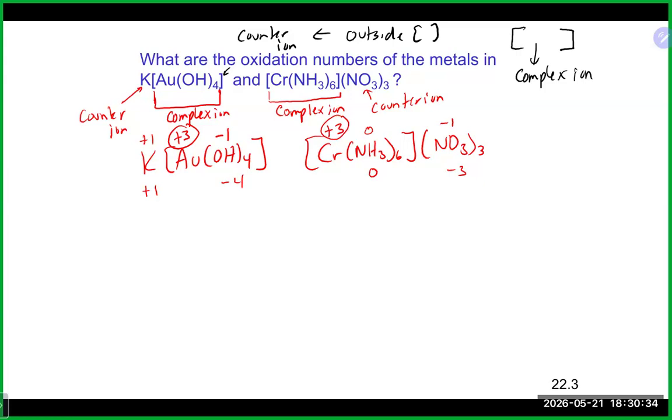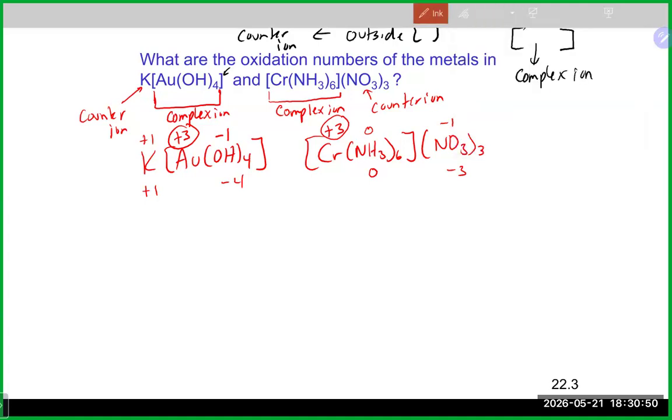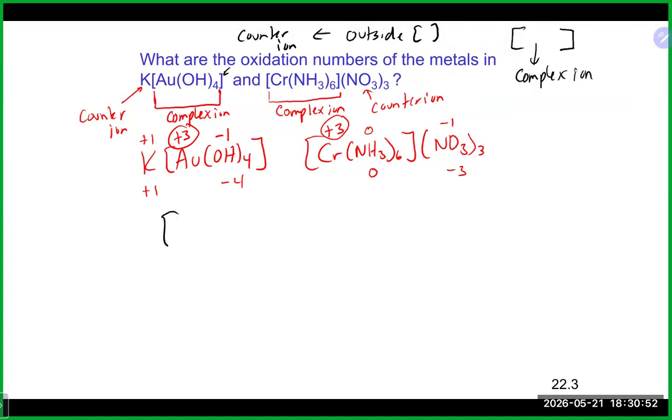Now, these are 2 good examples of what I was talking about earlier in terms of a coordination compound. When we look at the very first one on the left, and we look at the complex ion part by itself, what we know is this is -1, and that's -4.